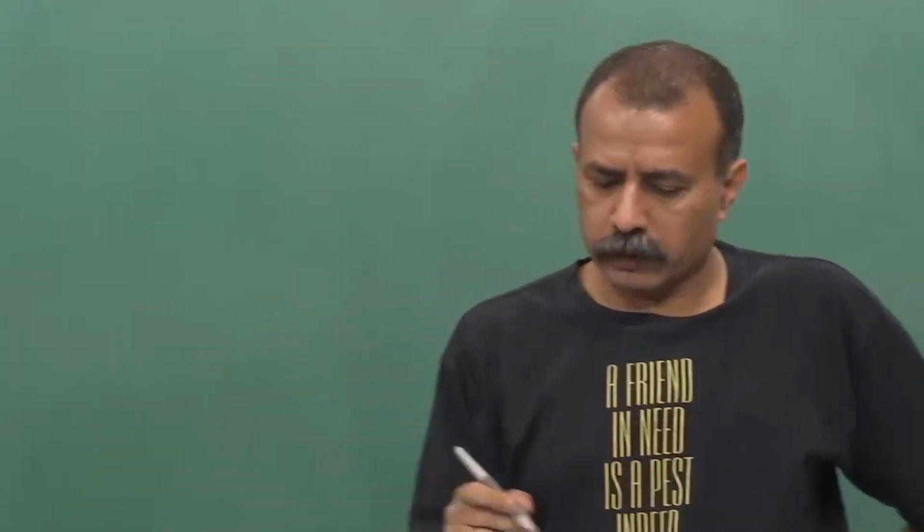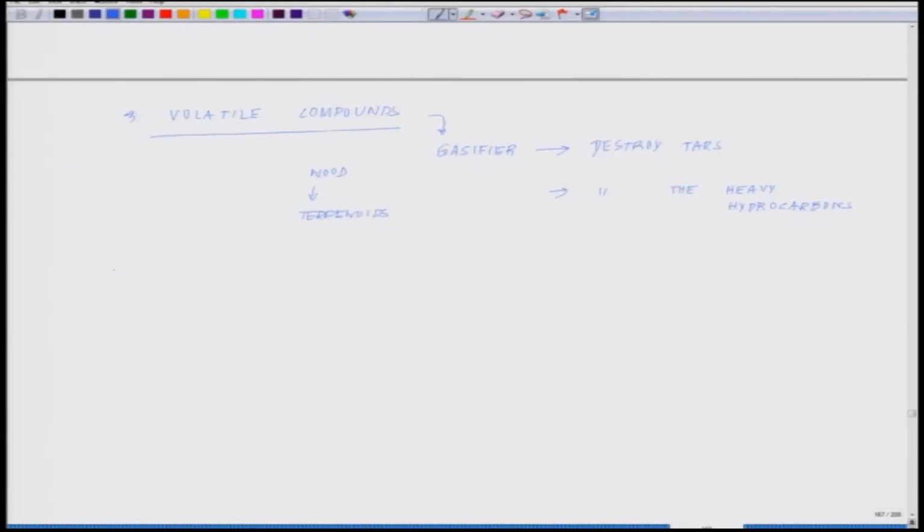Okay. So, now from the volatile compounds we will move on to the particle size, which is the last parameter which has to be taken into account.